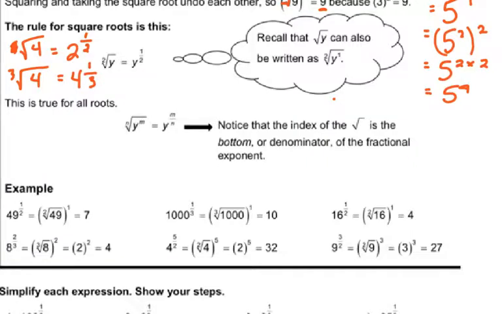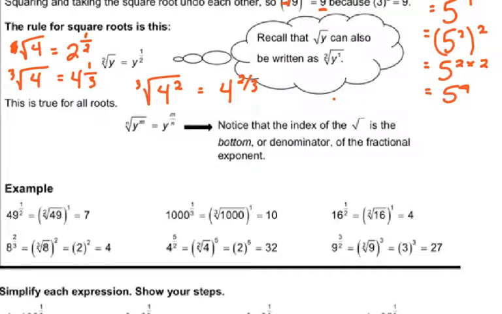But now, let's think about if it was the cube root of 4 to the 2nd power. Then that would be written as 4 to the 2/3 power. Notice that pattern. It's always going to be true for this.